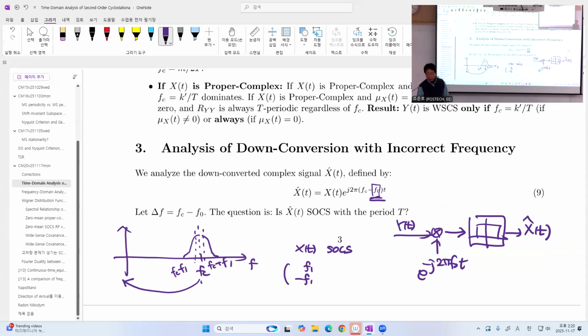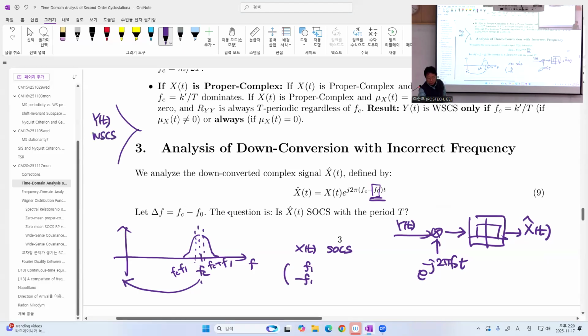But what about this case? Ready? By the way, as I told you, you can rigorously show that if y of t, the real bandpass process, is cyclostationary with period T, then your x of t is second order cyclostationary with period T. You can show that.